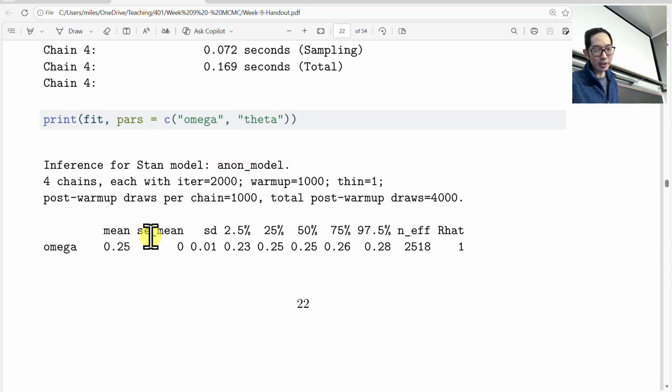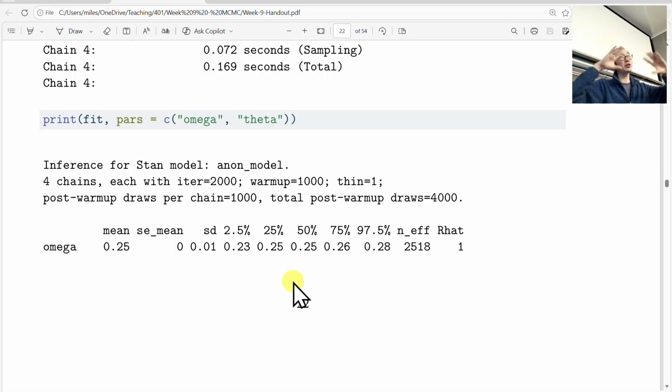And then I say, okay, now give me what your estimates are for these different things. And so it says, okay, based on all of the data I've seen, I now have a posterior distribution for omega. That distribution has a mean of 0.25. Well, that's promising because that was our true value that we generated.